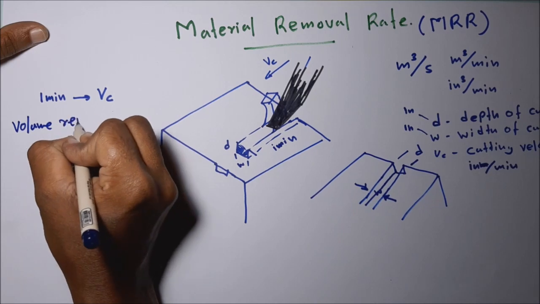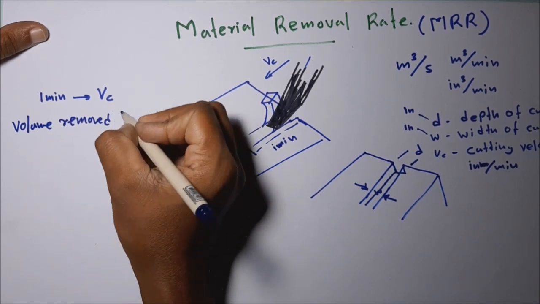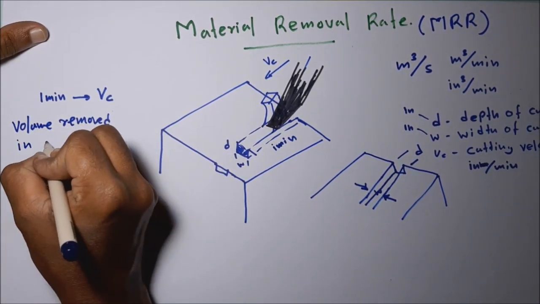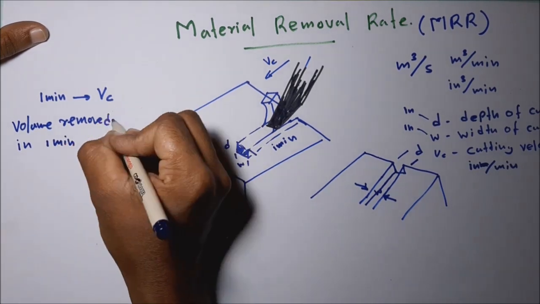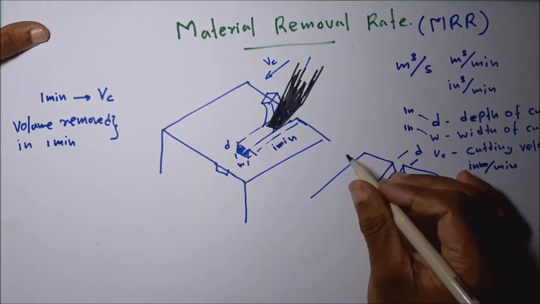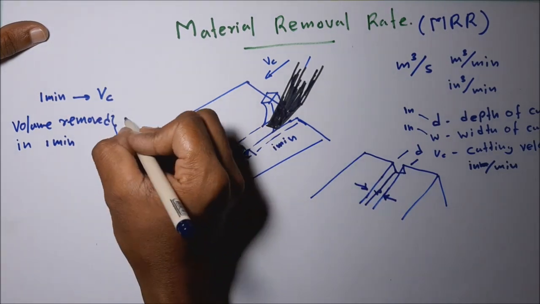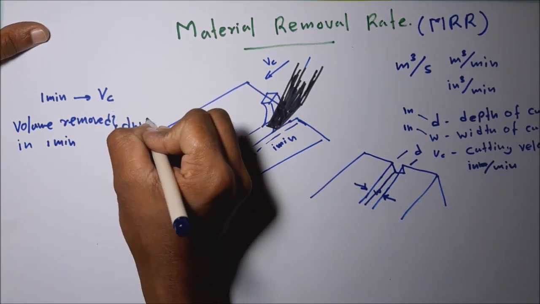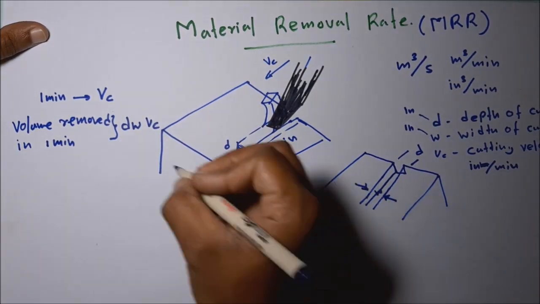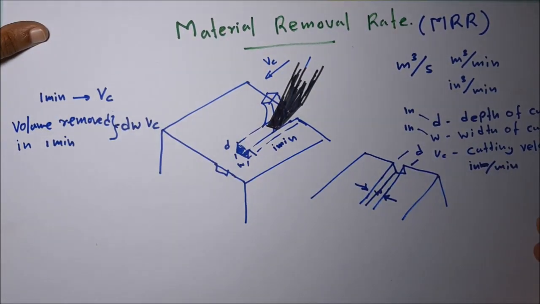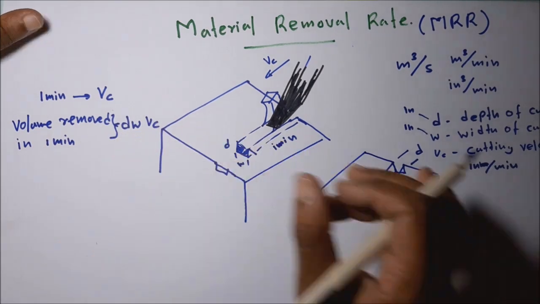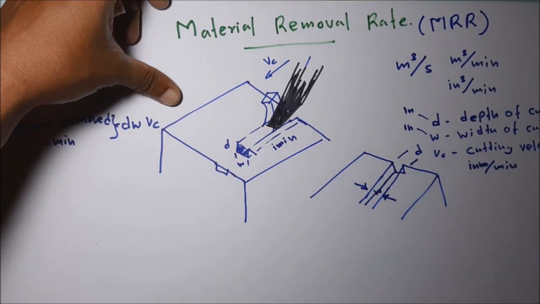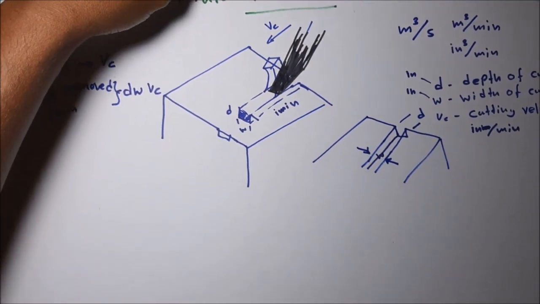Then we can easily find the volume: d into w into vc. The volume removed in 1 minute is called material removal rate.